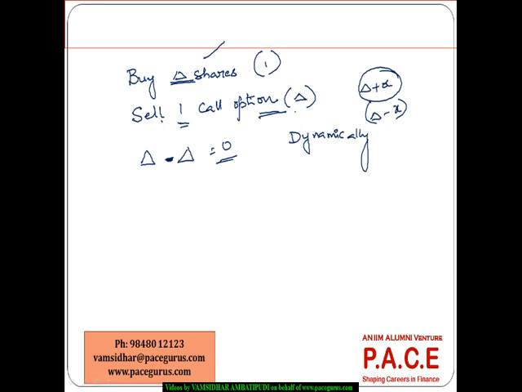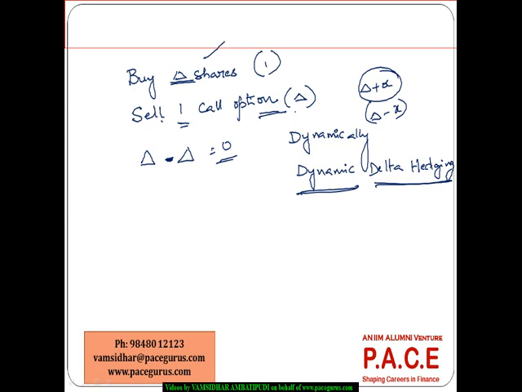If I make my portfolio delta neutral just one time, I call it delta hedging. But if I am continuously rebalancing my portfolio or the security to make sure that delta stays very close to 0 always, it is termed dynamic delta hedging.